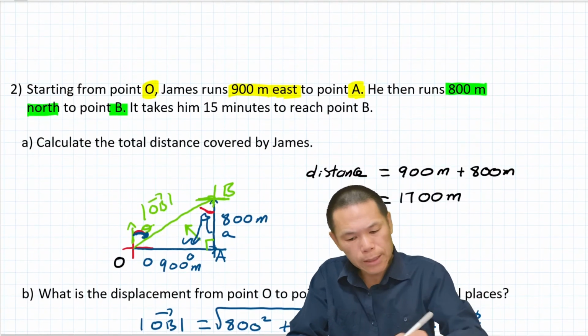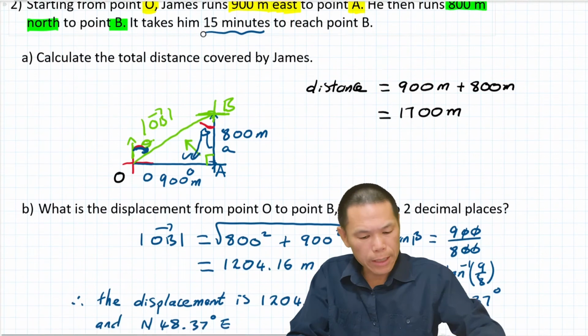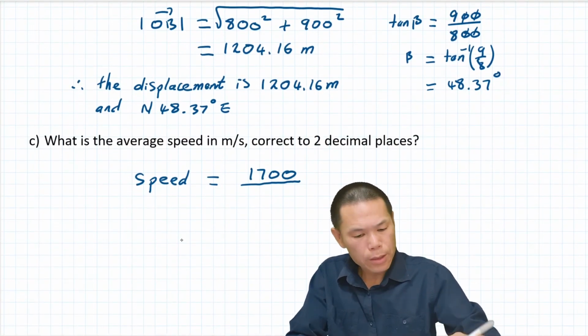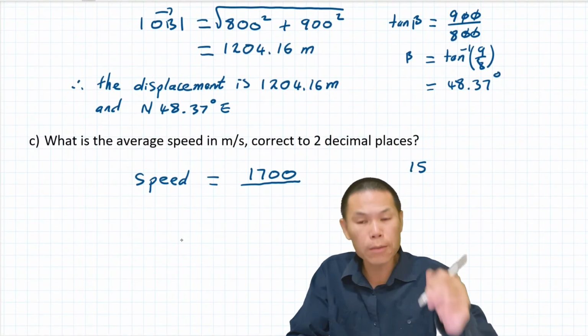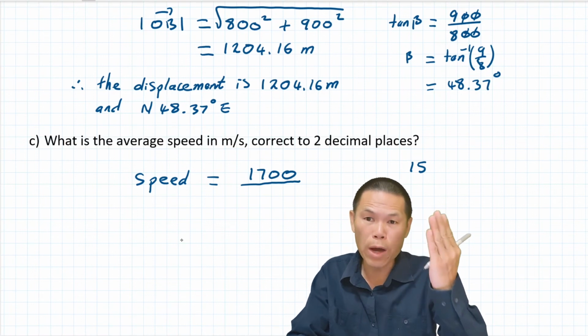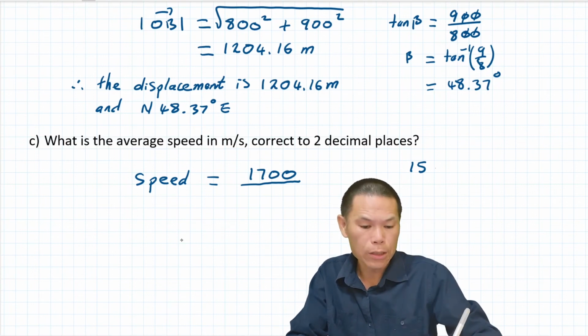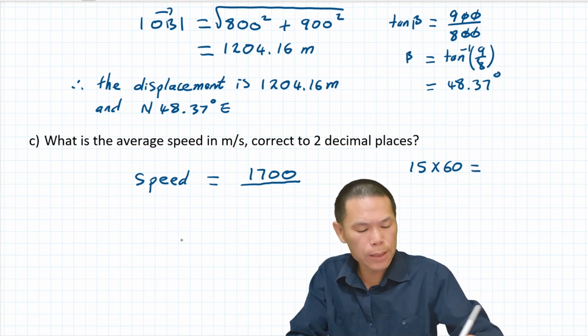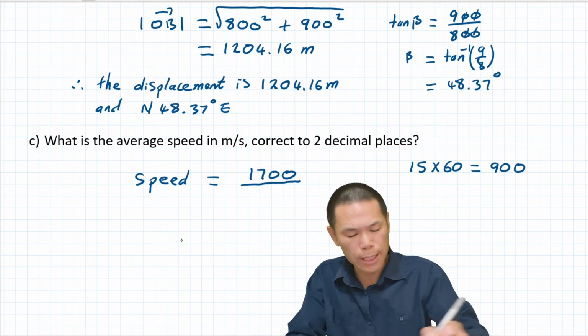The time is 15 minutes, and to convert minutes to seconds, we know that 1 minute is 60 seconds, so we times by 60. 15 times 6 is 90, add a 0, so 900 seconds.